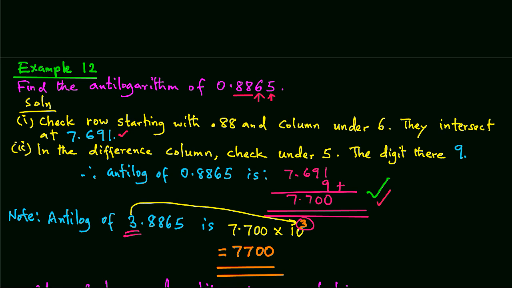So we can also use the antilog tables to find antilogs of numbers where the characteristic is not 0.